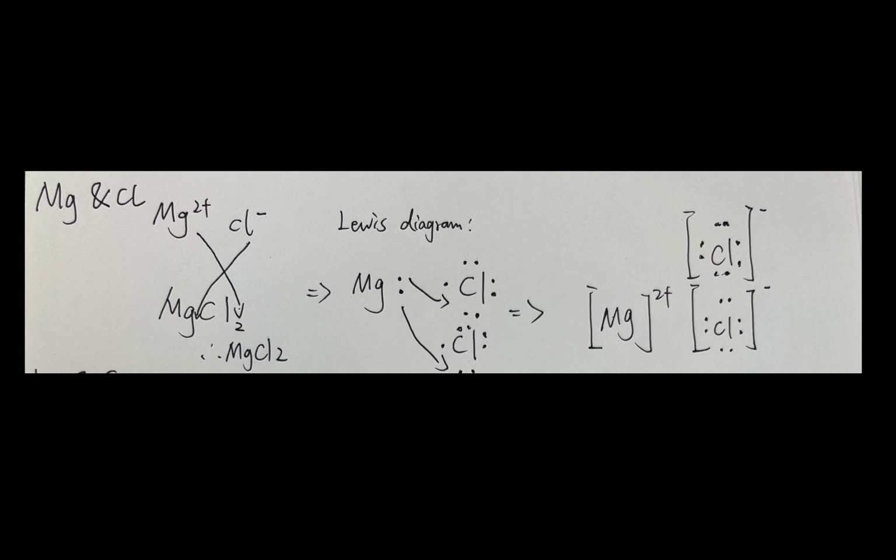The final step is the ionic Lewis diagram, where the outer shell of magnesium is removed, and it has a valency of positive 2 because it loses 2 electrons, while each chlorine has a full outer shell of 8 because it gains 1, so the valency is negative 1.